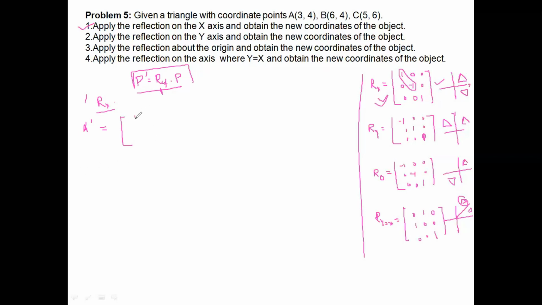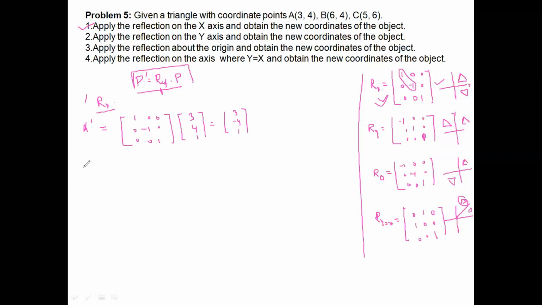Okay, so we will use the reflection matrix of x, this one. I write 1, minus 1 and 1, and the rest of the elements will be 0. And what is the old point? A old point is 3 4. And what will be the new point after multiplication? That will be 3 minus 4 and 1.